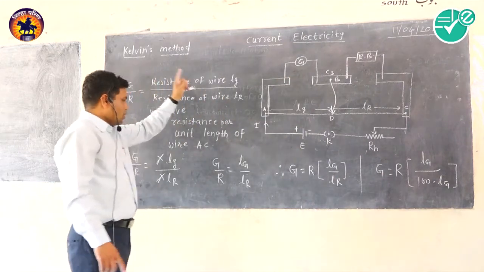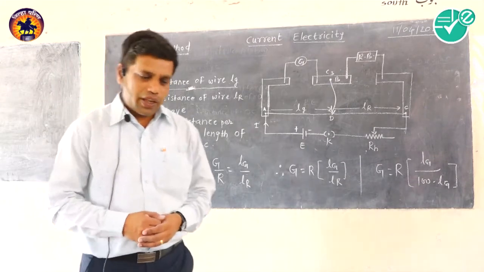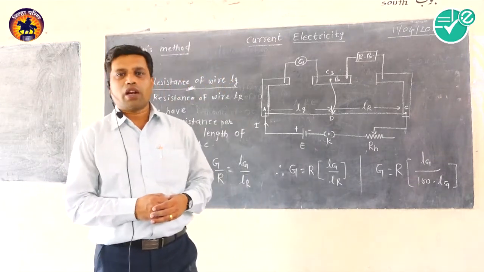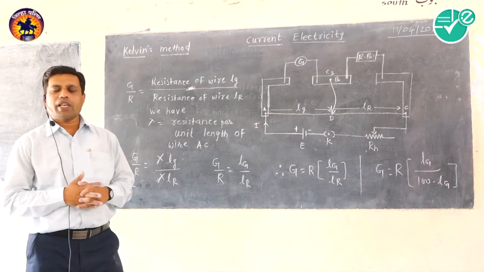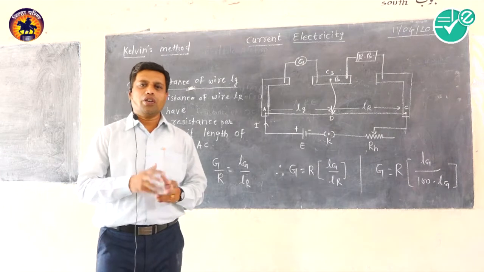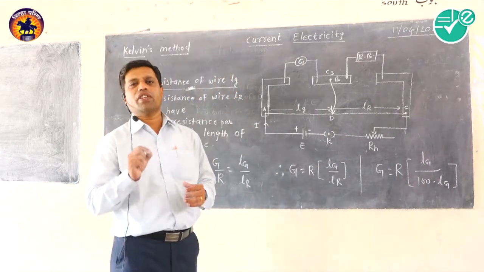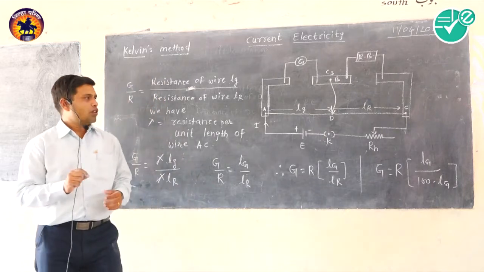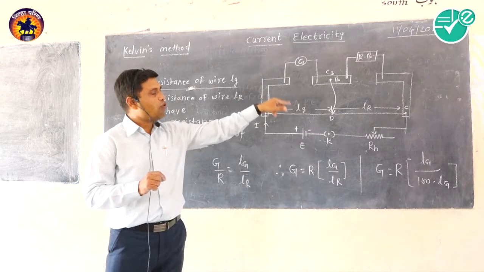If you follow this experimental method while doing the experiment, then there is no problem in calculation and while taking the reading. While using Kelvin's method, you have to adopt the same precautions as we have done for the meter bridge. You have to repeat the readings by interchanging the resistance box and galvanometer.